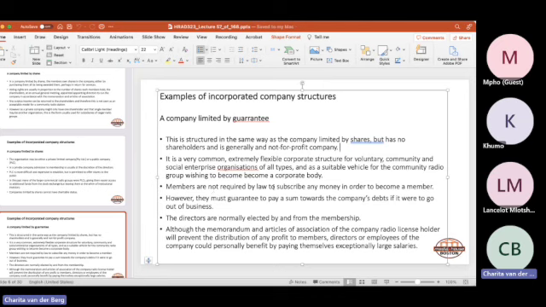So members are not required by law to subscribe any money in order to become a member. However, they must guarantee to pay a sum towards the company's debt if it were to go out of business. Okay. The directors are normally elected by and from the membership. So a lot of campus radio stations in South Africa are structured this way.